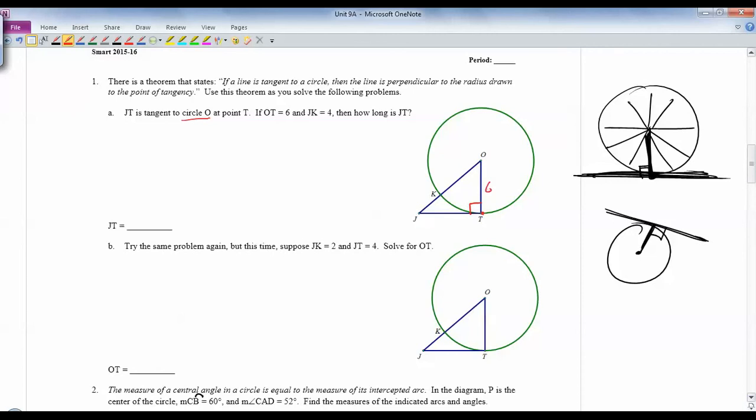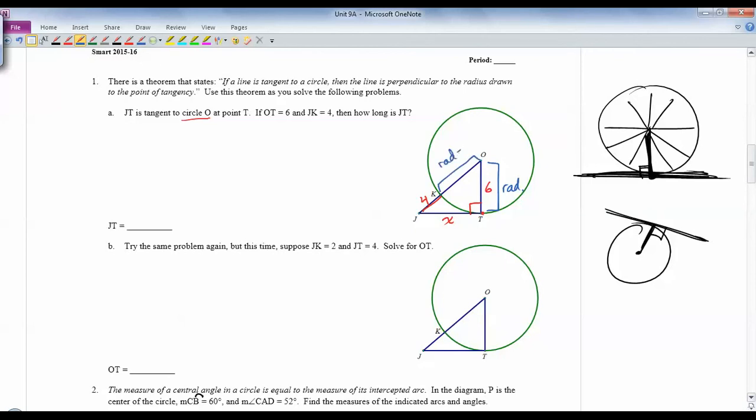OT is 6, JK is 4. How long is JT? So we'll call JT x. Okay, well I can't do Pythag yet, because I only know one side. But notice that this one side is the radius. Well, this is also a radius.